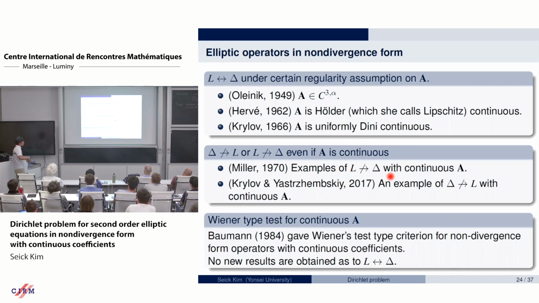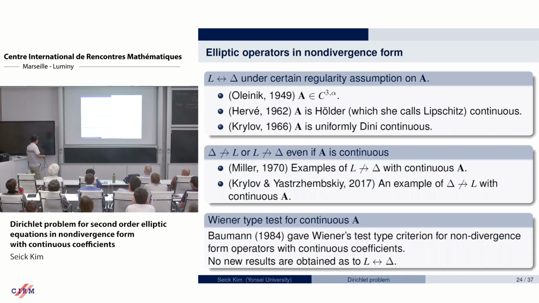And then the other direction was, I think, shown first by them: they provided an example of an operator with continuous coefficients where the boundary point is regular for the Laplacian but not regular for L. Okay, so continuity is not really enough to have the equivalence.